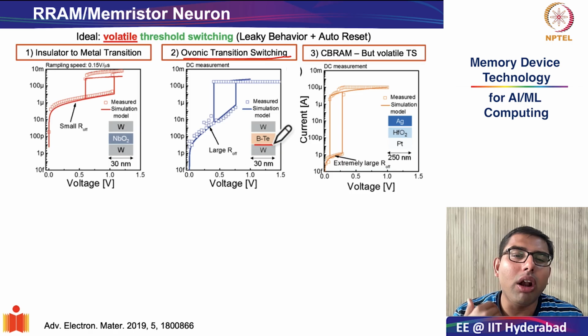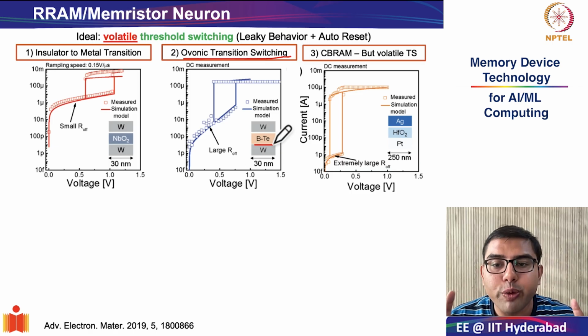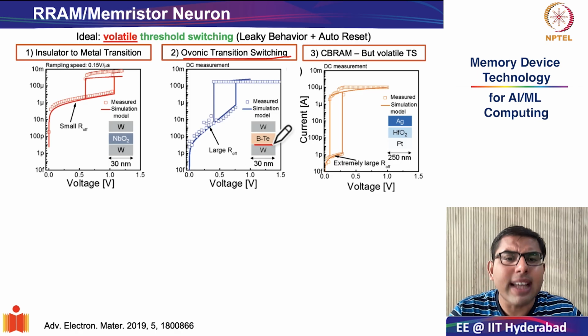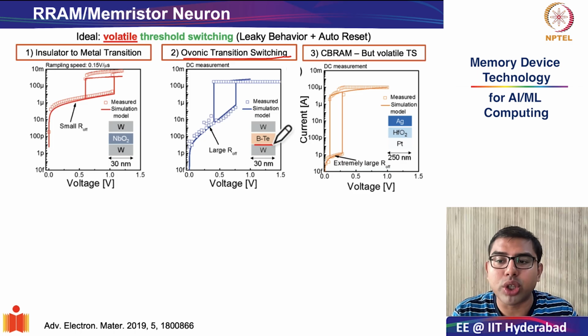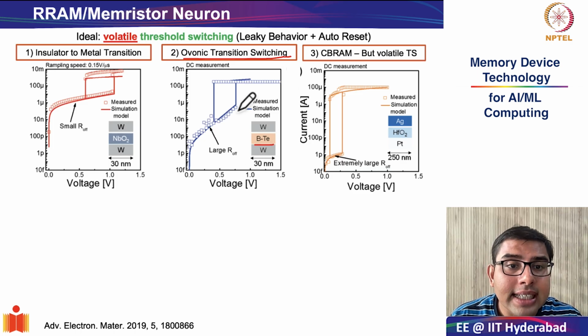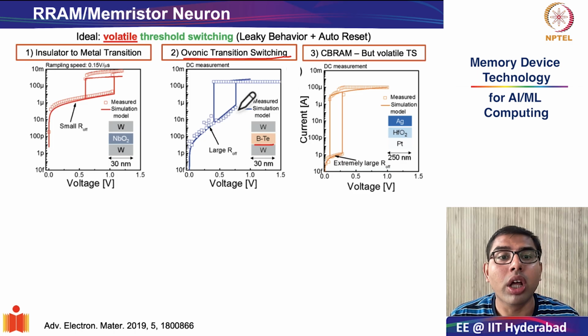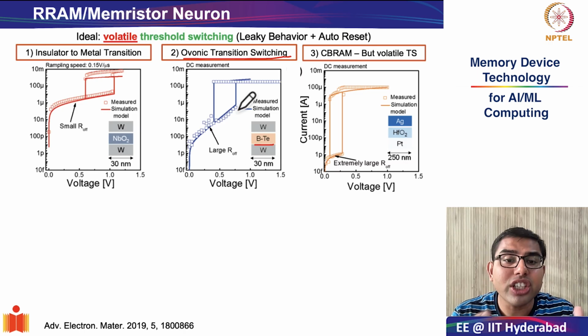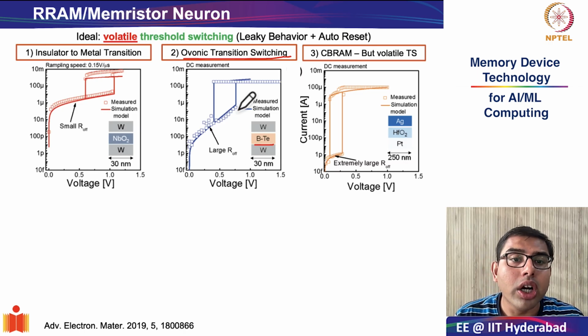There is not a lot of consensus in the community on what causes this switching, but it is very clear that it is very repeatable. It's a very fast electronically driven instability, which has some role in heating effects also, and that causes this volatile threshold switching behavior. And that is what is being employed here to create neuromorphic neurons.